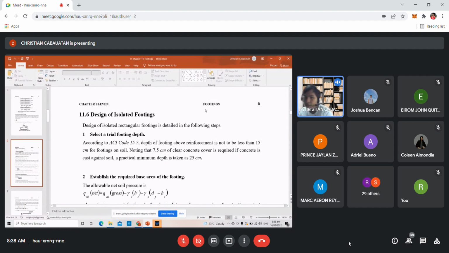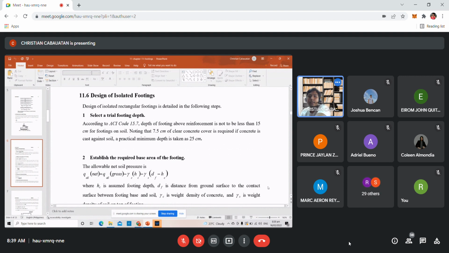I know that you already know what this clear concrete cover means, kasi it was always tackled or binabanggit ito during your reinforced concrete or in steel design maybe. I don't think so sa soil mechanics. Okay? So, if concrete is cast against soil, the practical minimum depth is taken as 25 centimeters. So, medyo malalim na rin.